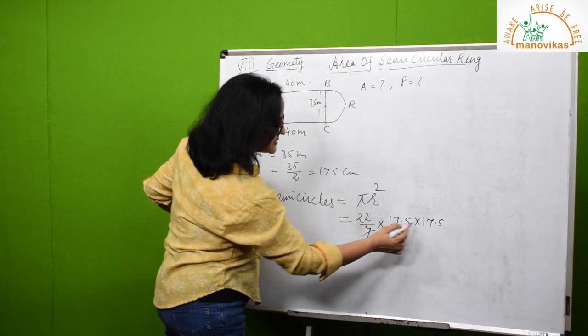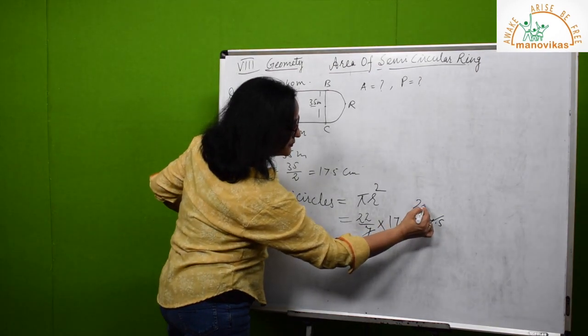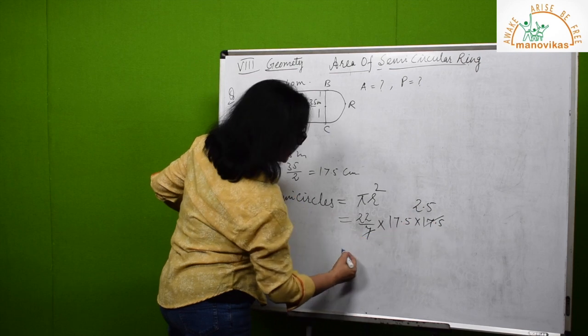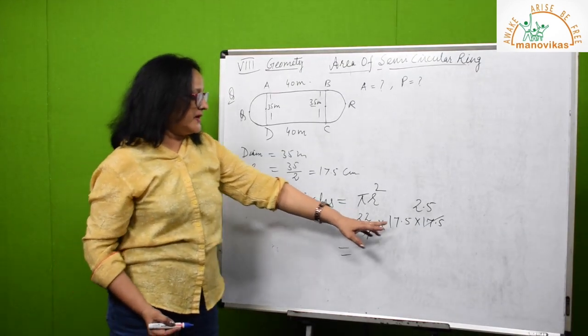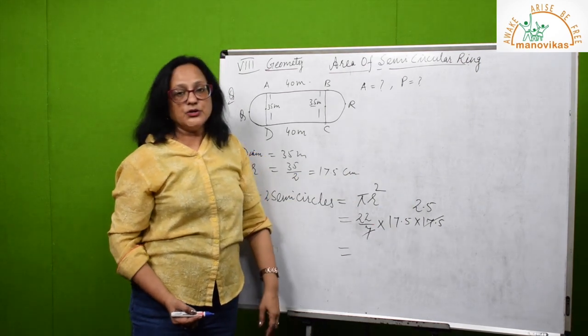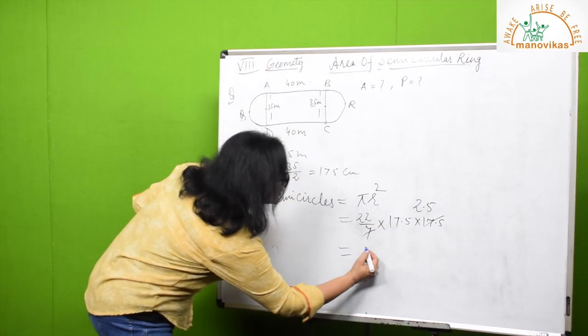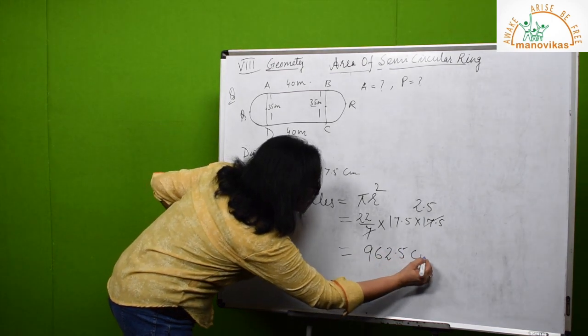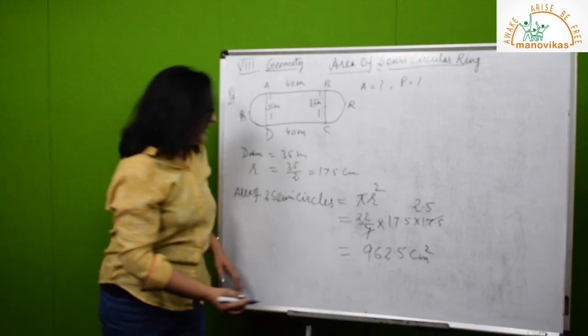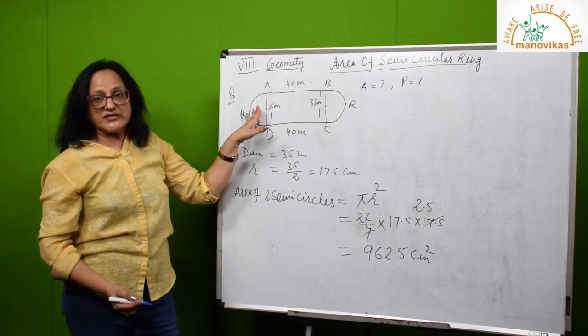Now simplify this, 7 2s are 14 and 0.5. So you got 22 multiplied by 17.5 multiplied by 2.5, and this you get as 962.5 centimeter square. This is the area of the two semicircles.